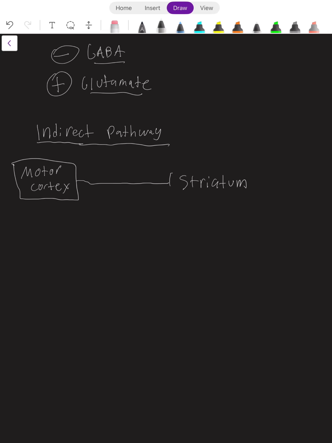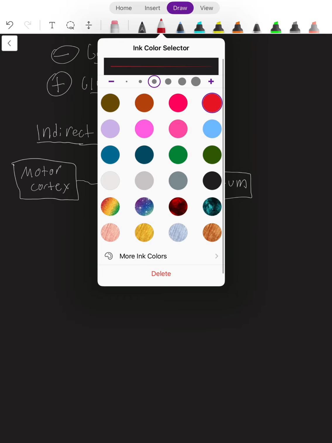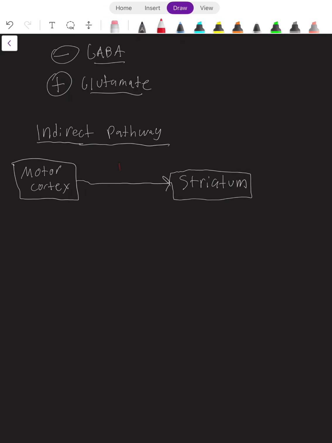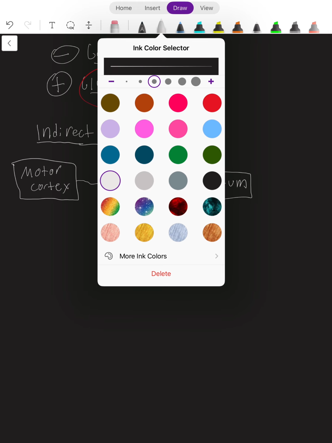So there's the striatum. You want to draw arrows so that we know the direction of movement here, right? And what that does is it excites, so it uses glutamate to excite the striatum, okay?